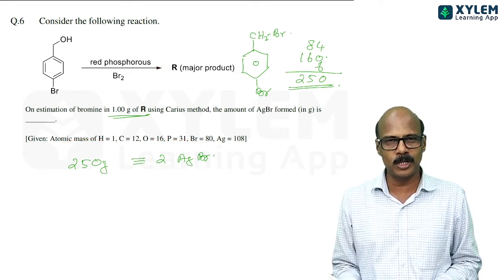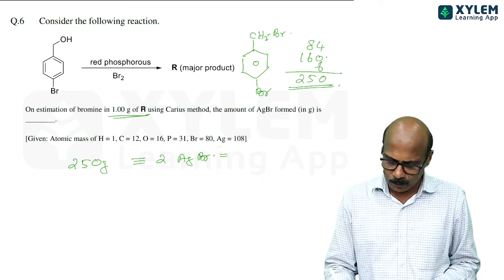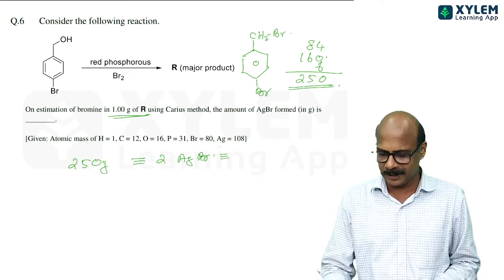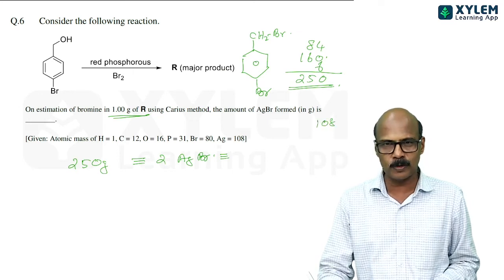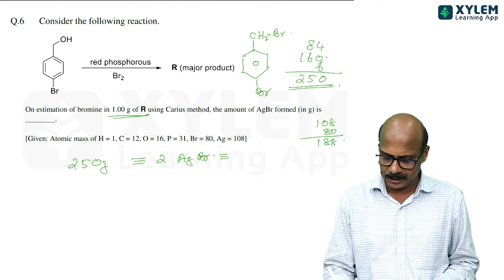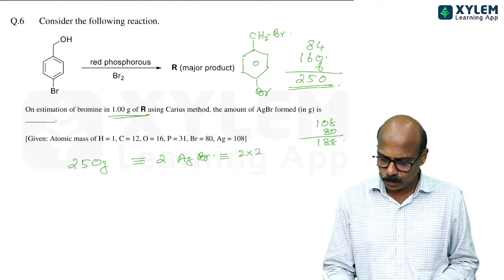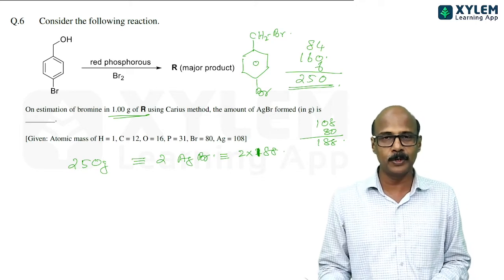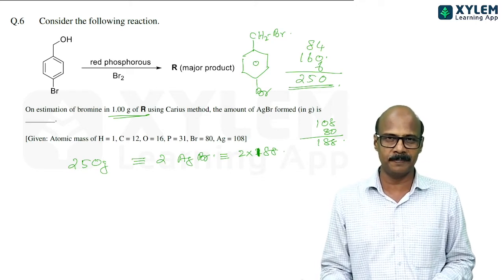You are taking only 1 gram, that means 1 by 250. And before that, what is the molar mass of silver bromide? Silver atomic mass 108, bromine 80, so 188. So 2 into 188 gram AgBr is produced from 250 gram R.